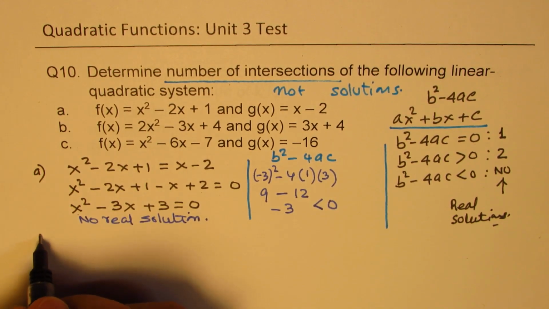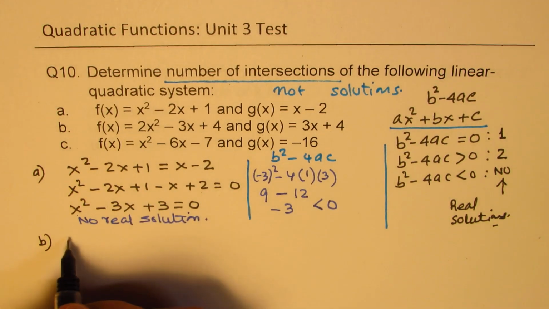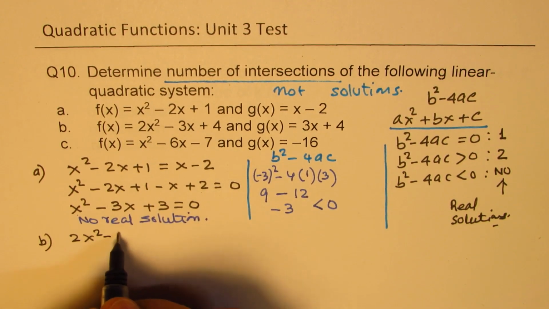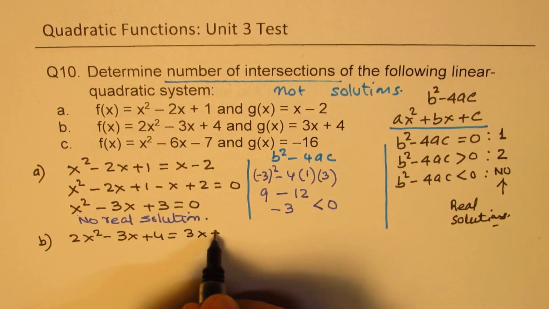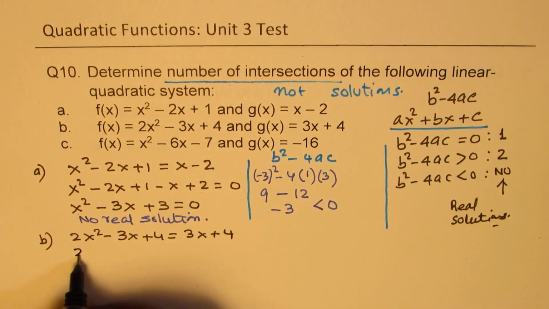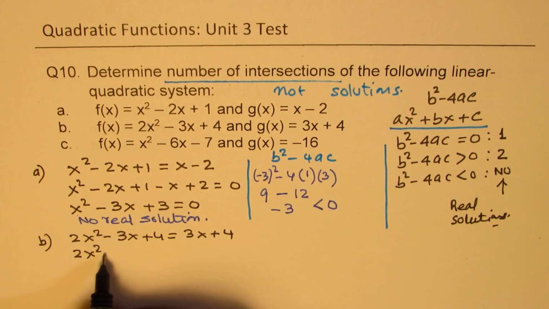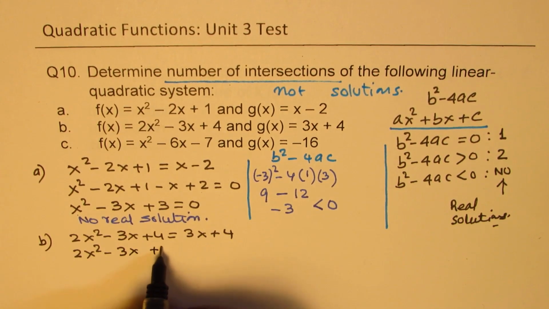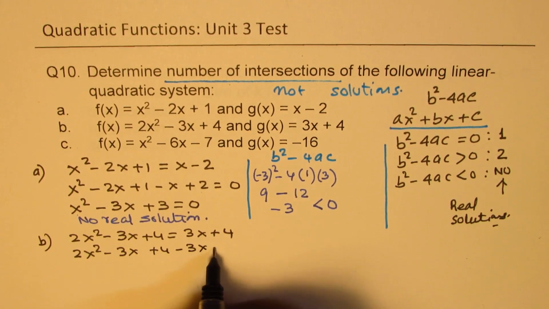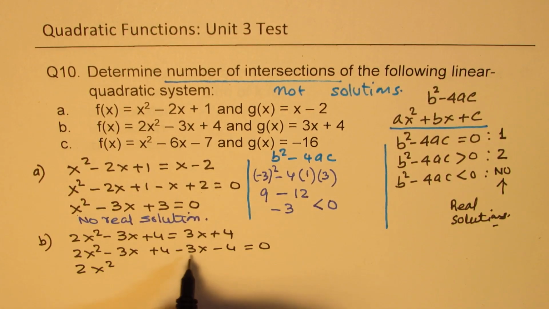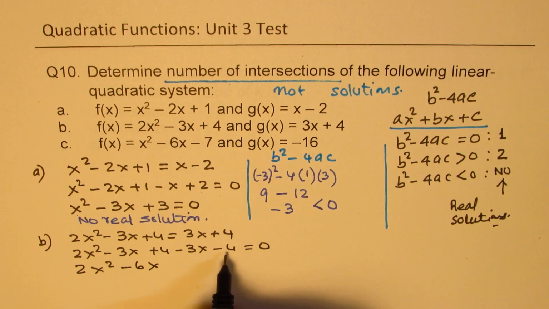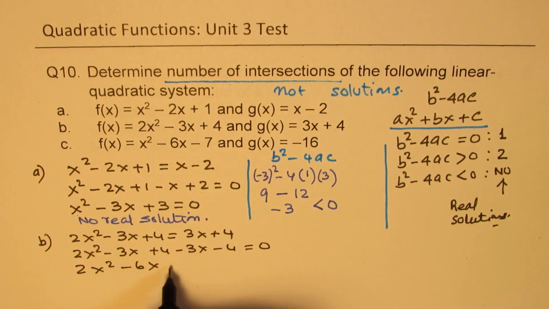Similarly, you should do part B. So part B is we have 2x squared minus 3x plus 4 equals 3x plus 4, right? Bring them together. 2x squared minus 3x plus 4 minus 3x minus 4 equals 0. So that gives you 2x squared minus 6x, and 4 minus 4 is 0, right?